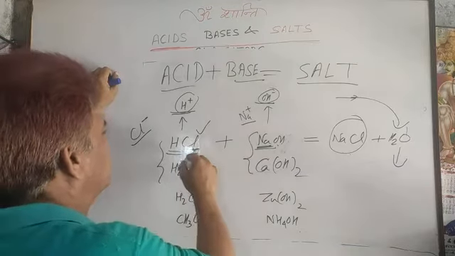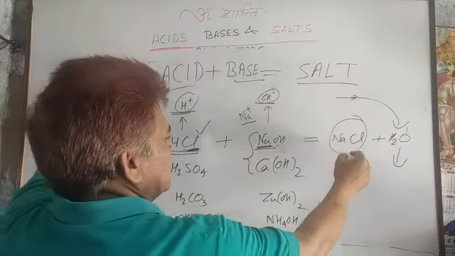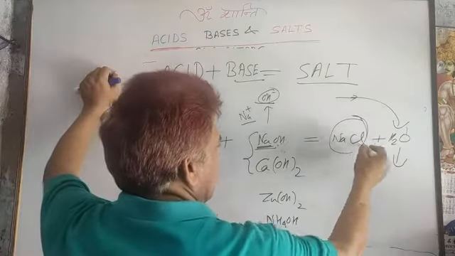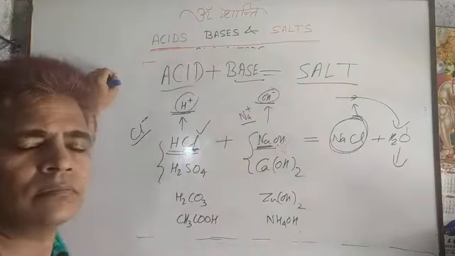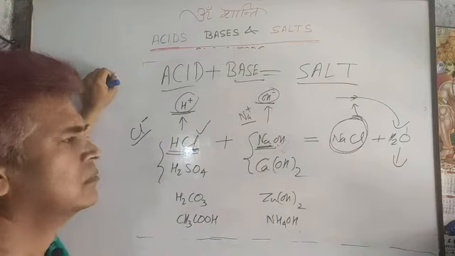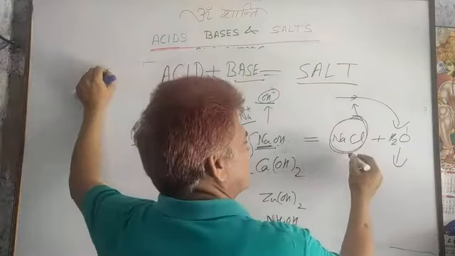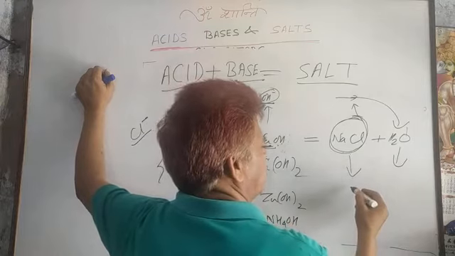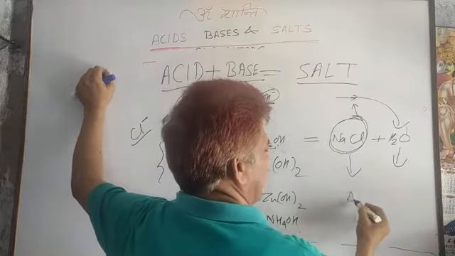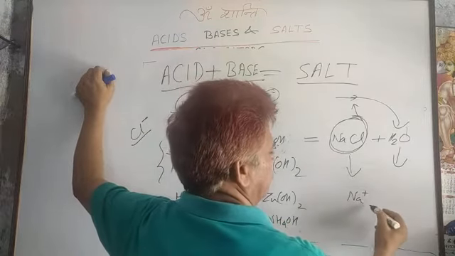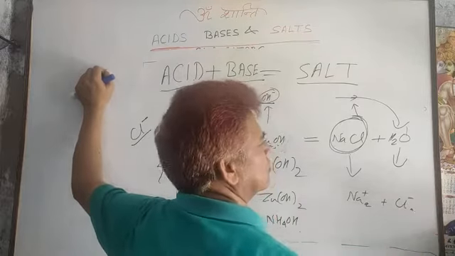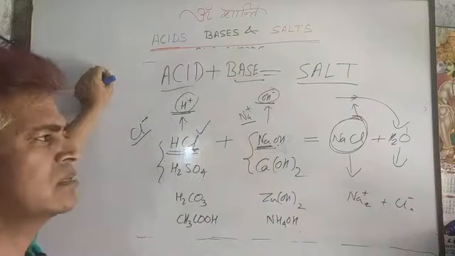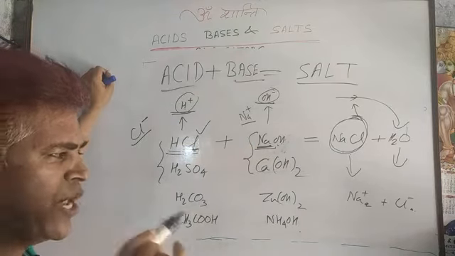And in this way this salt comes under the neutral salt, because whenever sodium chloride mixes into water, it gives aqueous sodium and aqueous chloride ions, and the number of H plus and the number of OH minus are the same.